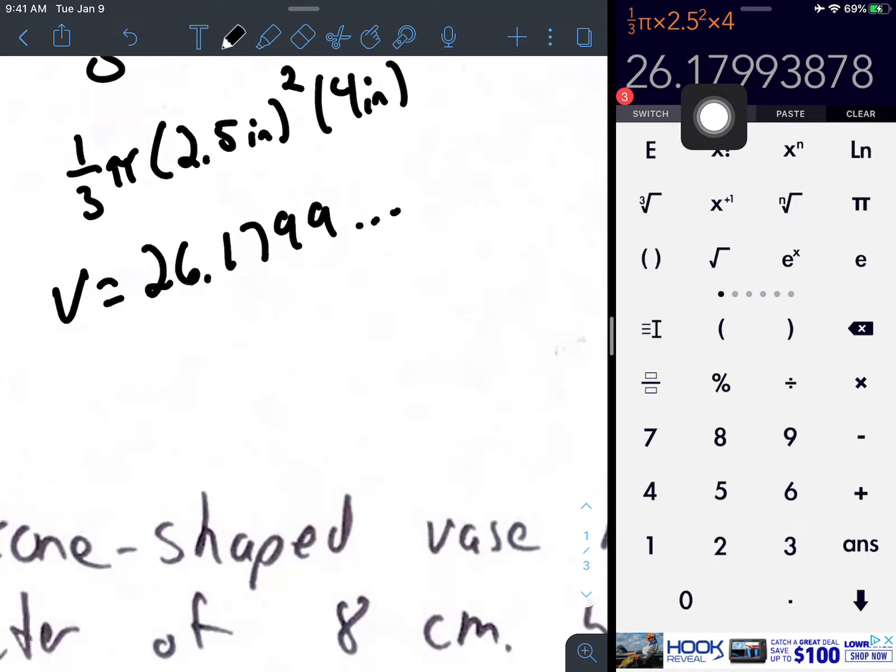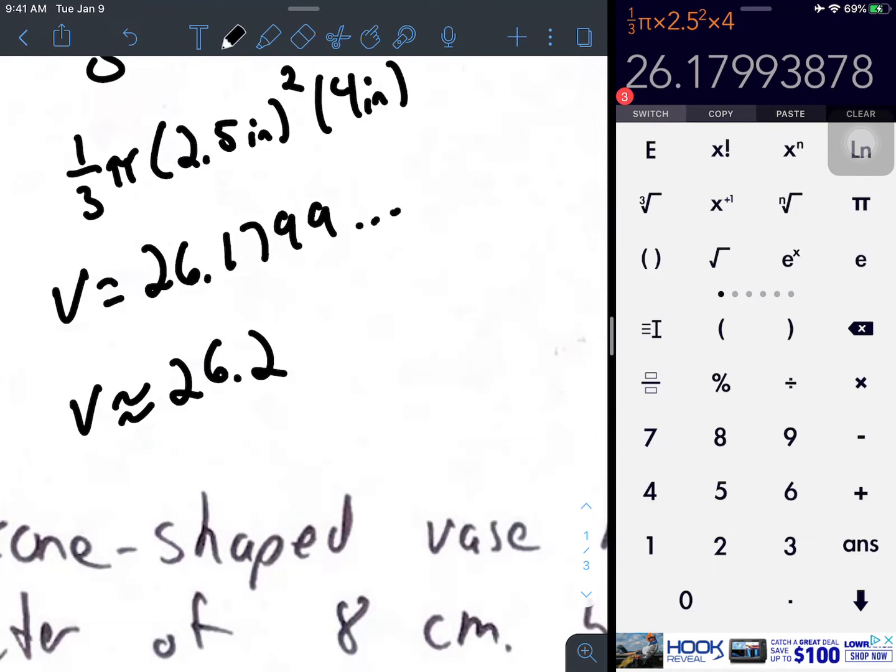In this case, that place value would be the hundredths place, and the number in that place would be a 7. So if you recall from probably elementary school, if it's 5 or more, we're going to bring this number up 1, and if it's 4 or less, we're going to let that number stay. So 7 is more than 5, so our volume is about equal to 26.2.